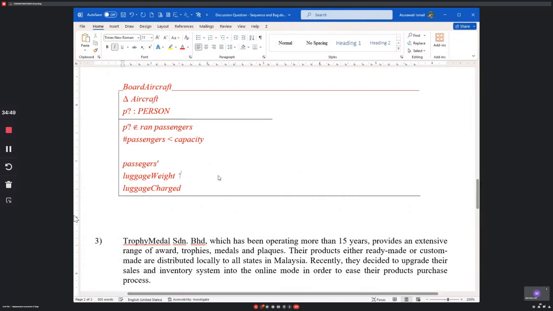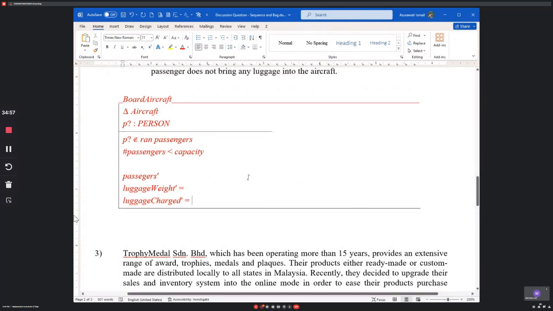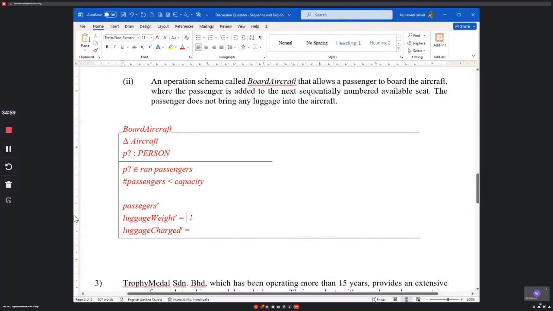As the question says, the passenger did not bring anything. So for here, you can initialize to 0 later for luggage weight and luggage charge.